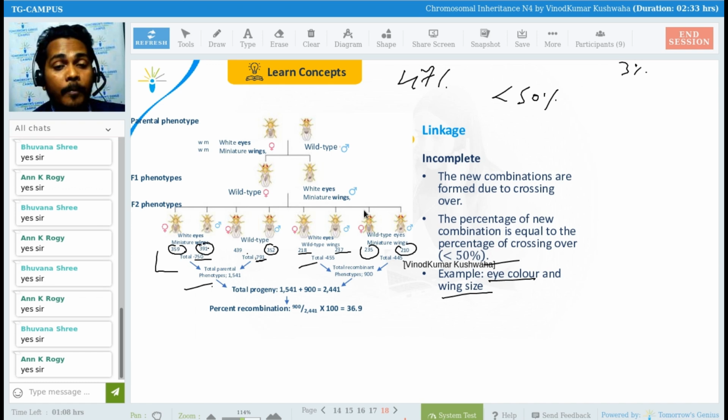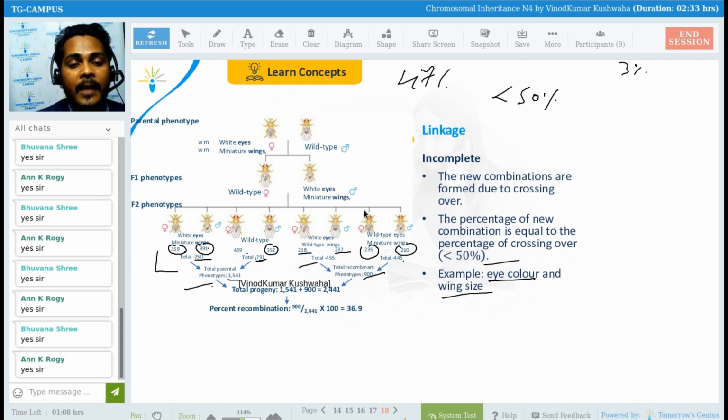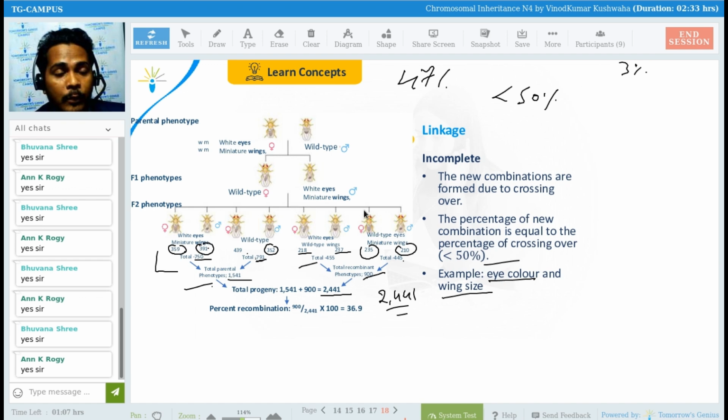So total new combinations you can see here, total 900. When we add all three, the total progeny produced in the F2 generation becomes 2441. So if you want to calculate the percentage of recombination, how will you calculate it?